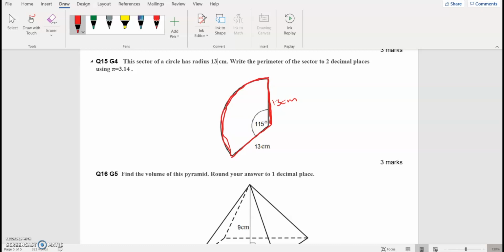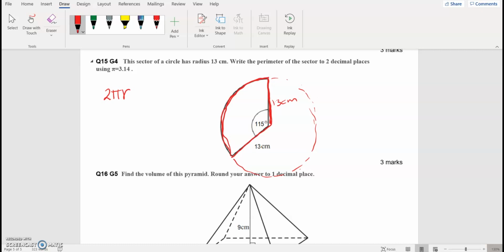We know that this is linked to the circumference of a circle. So if this was a full circle, we'd be able to find the circumference by working out 2 pi r, or pi times the diameter.